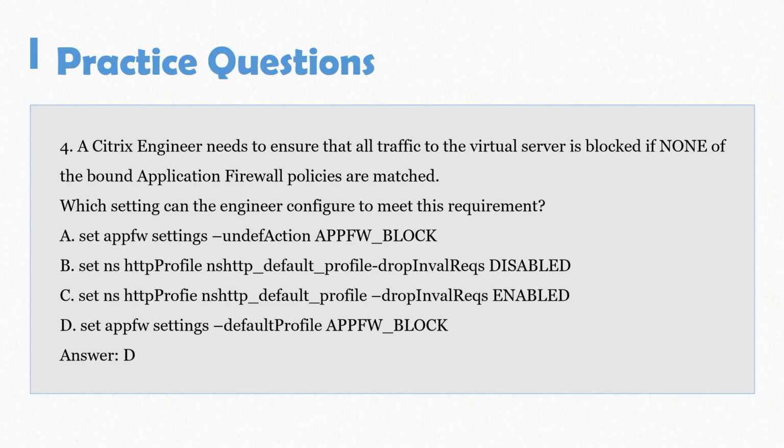4. A Citrix engineer needs to ensure that all traffic to the virtual server is blocked if none of the bound application firewall policies are matched. Which setting can the engineer configure to meet this requirement? A. Set appfw settings undefaction appfw_block.